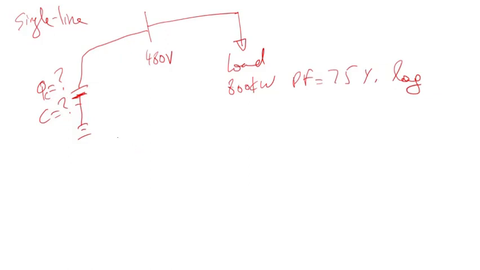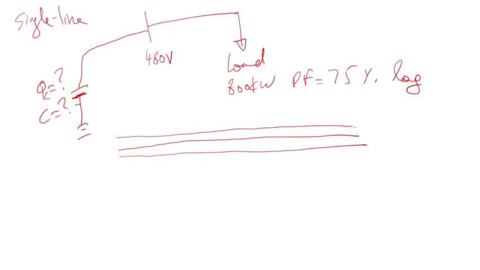Now, if I want to draw the three-phase, obviously you have 3 lines because it's three-phase, and line to line is 480 volt. So the load is connected three-phase. I'm just going to call this load.